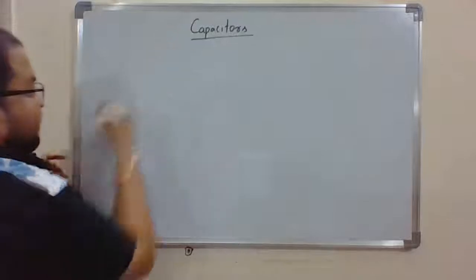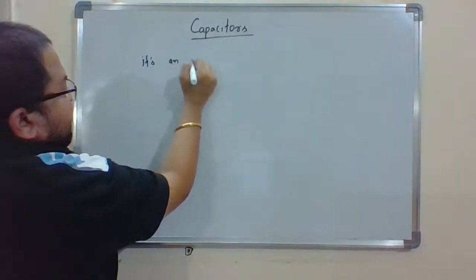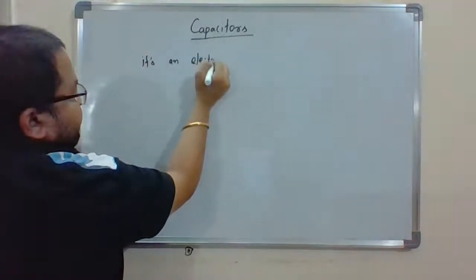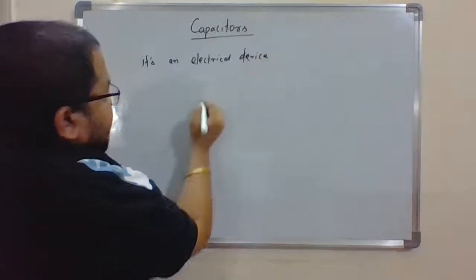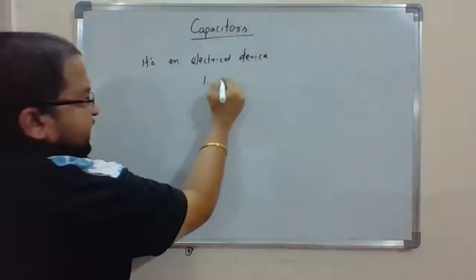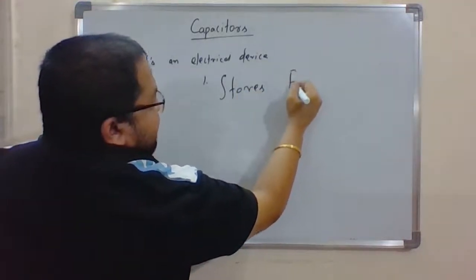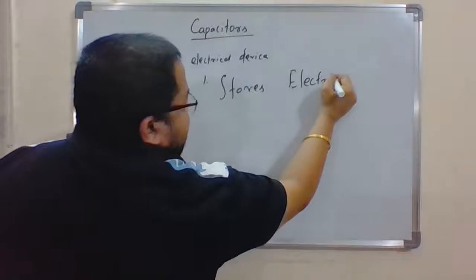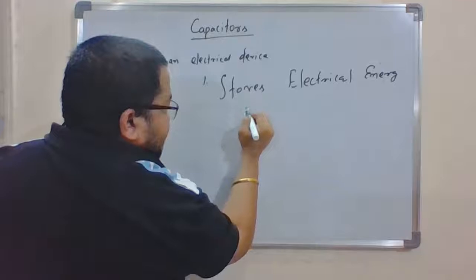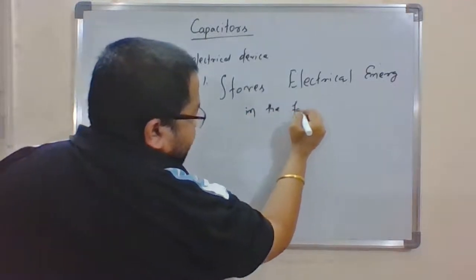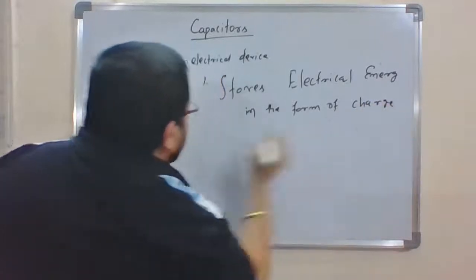So the basic definition of a capacitor is, it's an electrical device which does what? First thing is, it stores electrical energy in the form of charge.